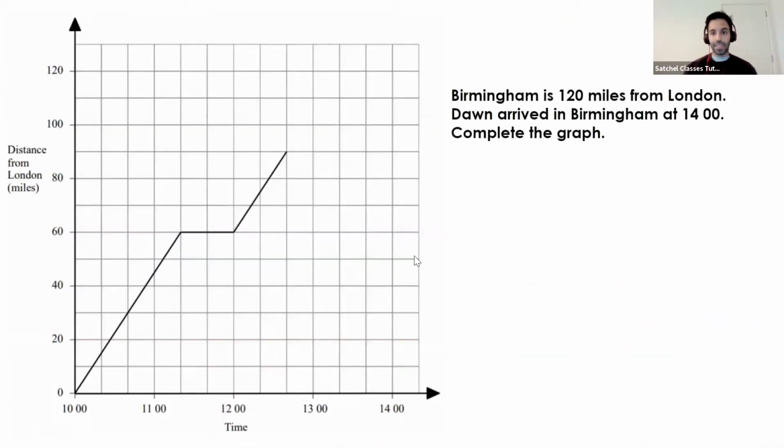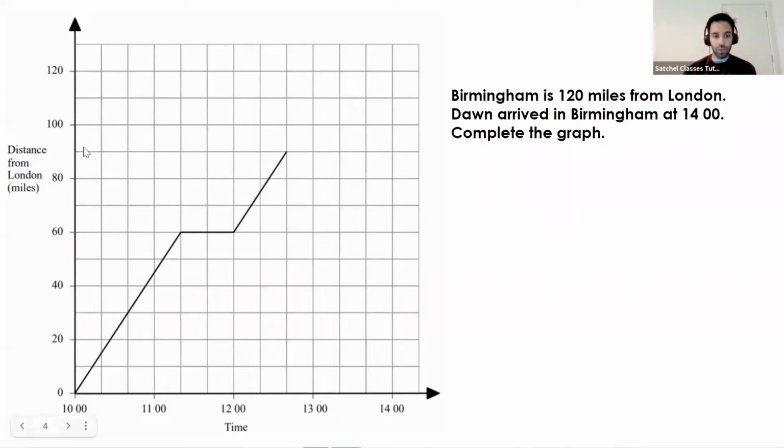So now here it says Birmingham is 120 miles from London. Dawn arrived in Birmingham at 1400. Complete the graph. So here, this is where we need to draw the graph, or in this case, complete the graph. Now, Birmingham is 120 miles from London, so this is where the journey would have ended.